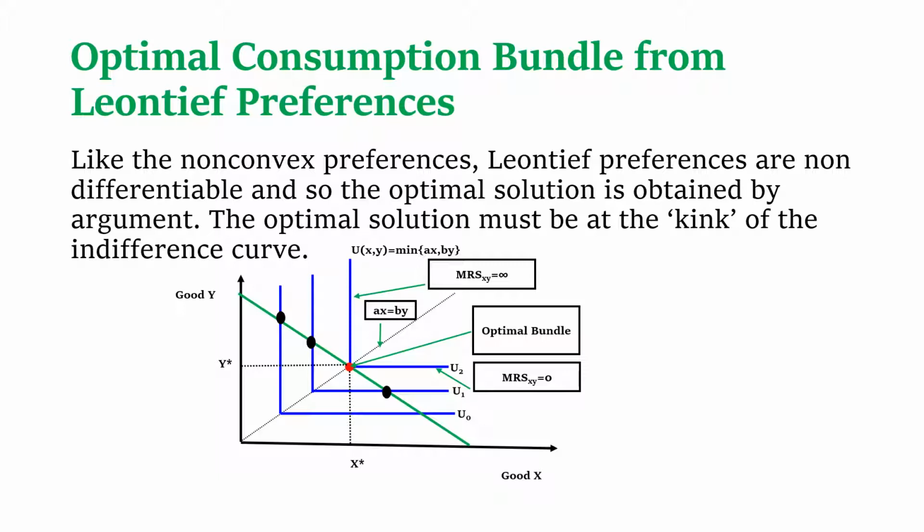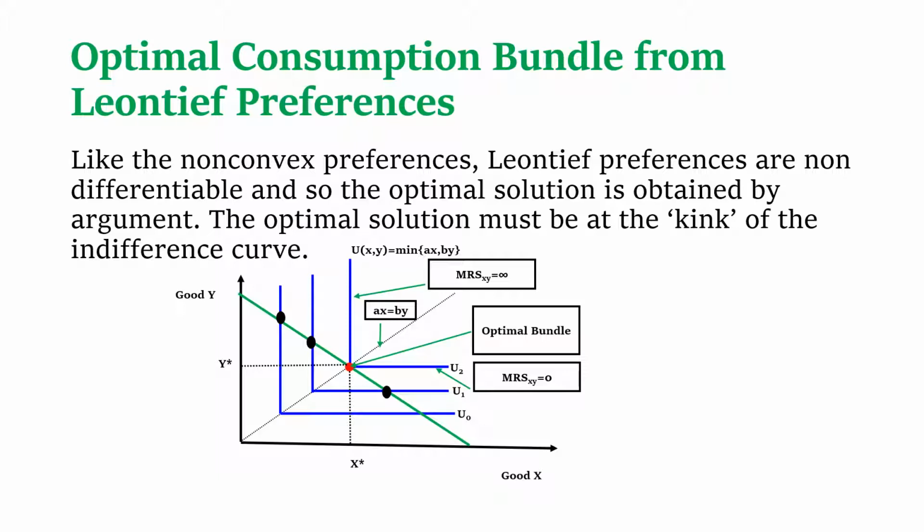If the consumer has more of one good, he is not better off having less of the other. So he is better off if he has the same amount of the two goods.